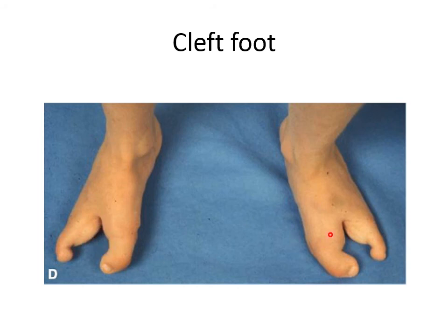This is abnormal cleft in the foot found between the second and the fourth metatarsal bone, and the third metatarsal or the third phalanx is almost absent. And this is all related to the apoptosis that occurs in the apical epidermal region of the foot plate.